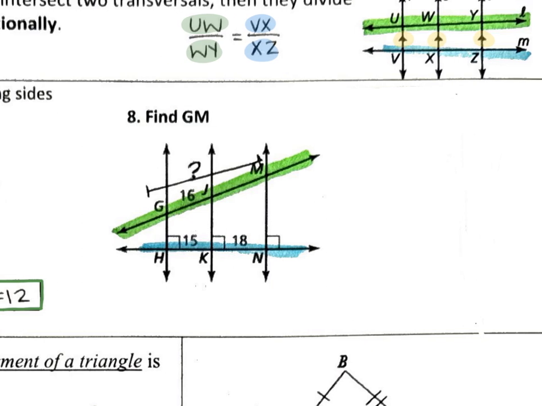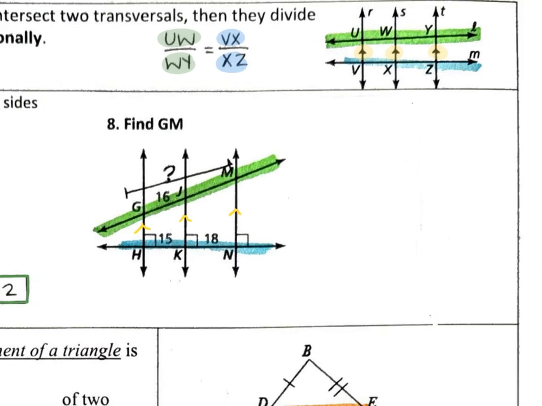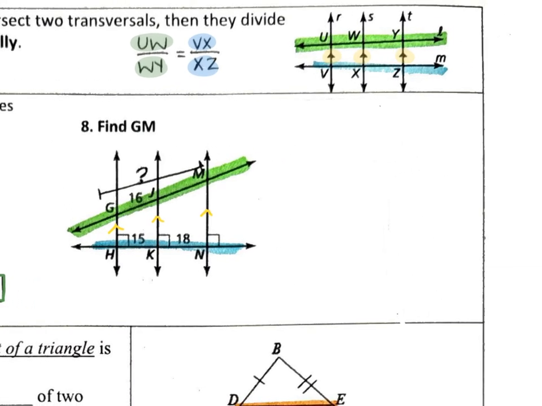In number 8, we know that these are all parallel because they all meet at a 90-degree angle to that one transversal. So they're going the same direction. So we know we can use this theorem. To find GM, which again, notice GM is this entire distance, we are going to set up our proportions by color.